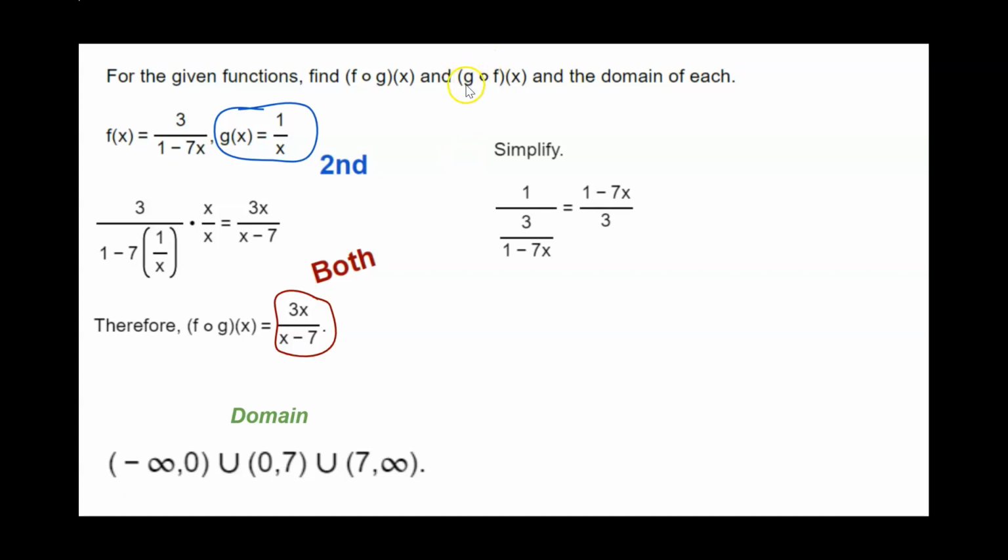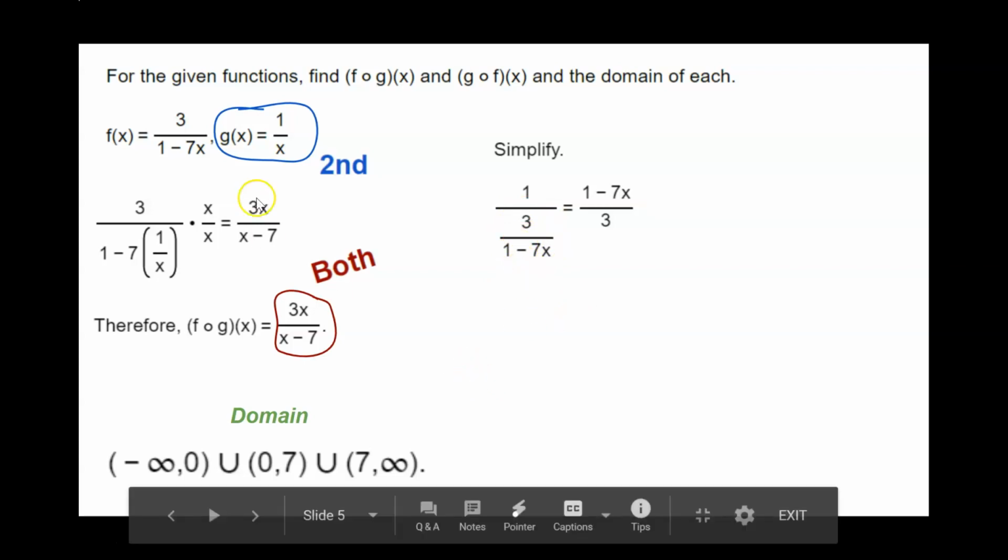Now for the second one, we're going to do g of f. For this one, we're going to take the main equation, which this time is 1 over x, and we're going to take this x and replace it with the second equation, which is 3 over 1 minus 7x. So this used to be 1 over x, but now we took the whole function and replaced it for the second part.